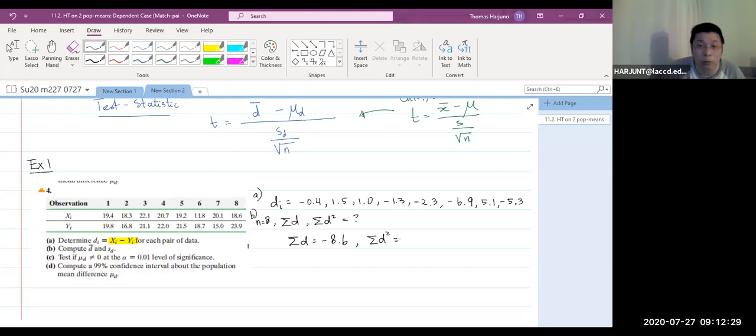Just square them right away. Okay, 1.5 squared plus 1 squared plus 1.3 squared plus 2.3 squared plus 6.9 squared plus 5.1 squared plus 5.3 squared. I get 112.1.